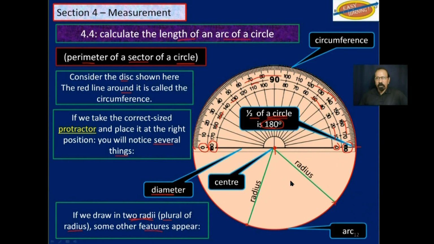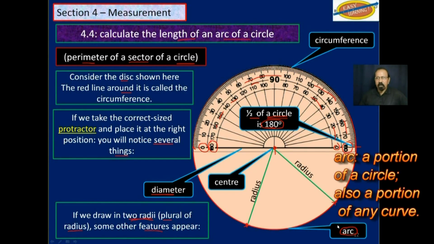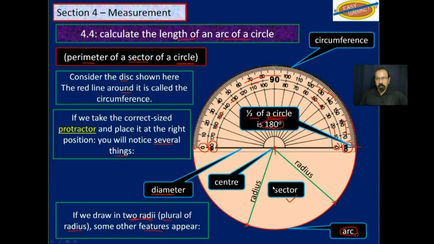From the point where that radius touches the circumference to the point where the other radius touches the circumference, that part of the circumference is called an arc, A-R-C. Now the area formed by those two radii and the arc is called a sector.